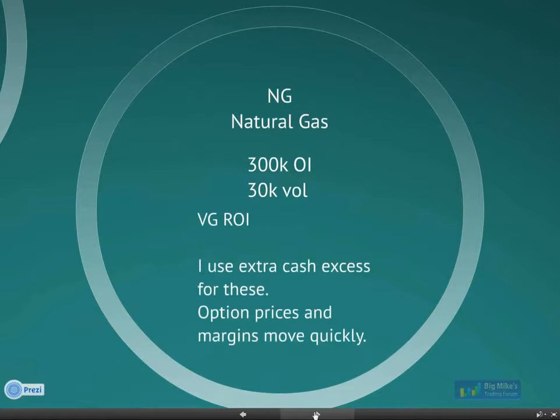And I wrote this over a week ago before all the craziness has happened the last few days in natural gas. But it just seems like the margin moves a lot faster in natural gas, and also the premiums move a lot faster in natural gas than they do in other commodities. So you need to be careful there when you do trade those, but you can get a good rate of return when things are going well there.